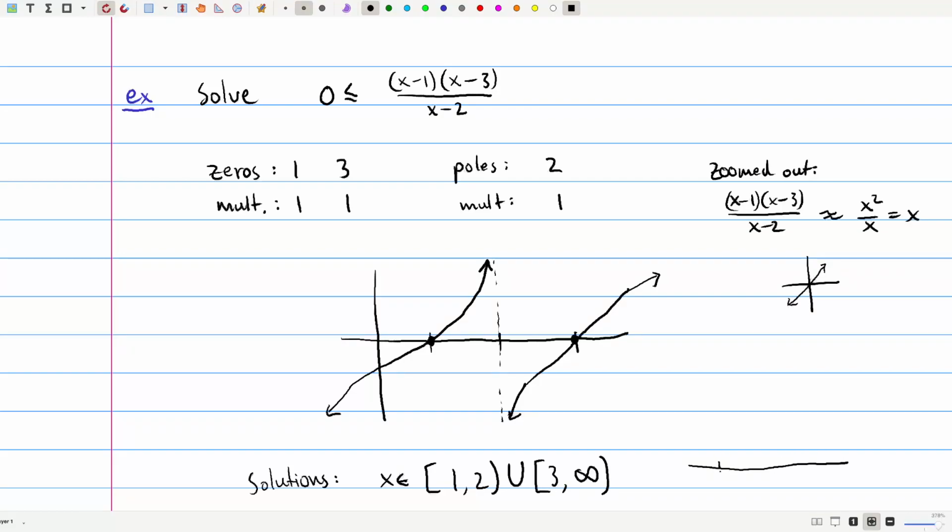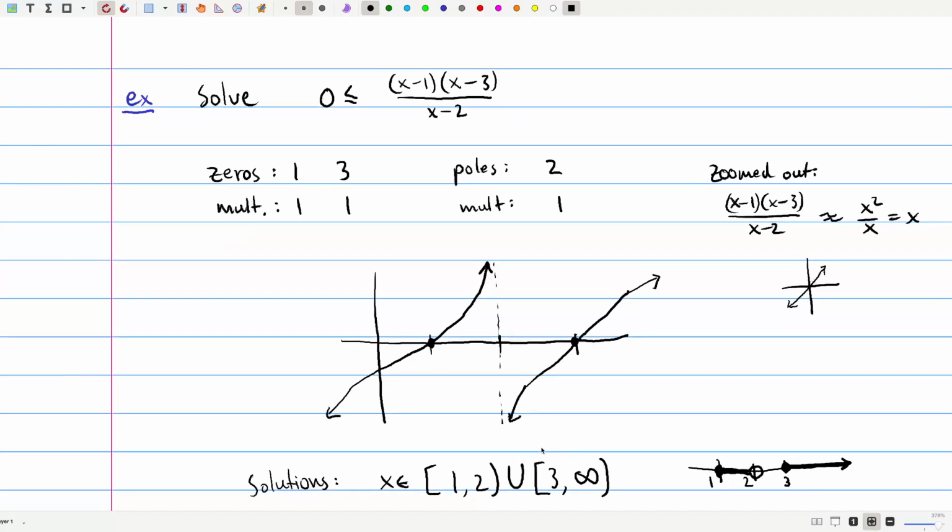It would look like from 1 inclusive to 2 exclusive. We want to include this interval, so bold that in. And then from 3 inclusive onwards, we can go all the way to infinity. So anyway, that is the solution set for this rational function.